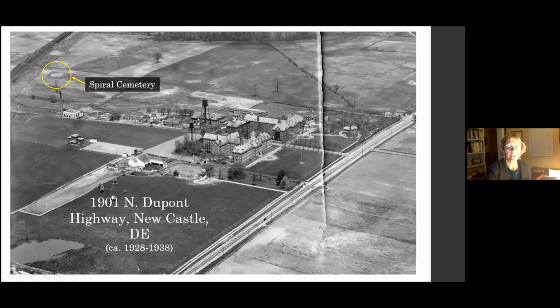So what you'll see, if you look at my arrow in the back here, this is the freight train line that ran along the Christiana River way in the back of the campus. And you see this little circle here, that's where the spiral cemetery is.